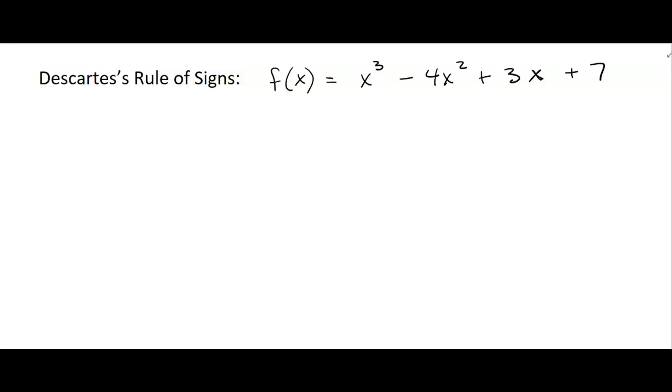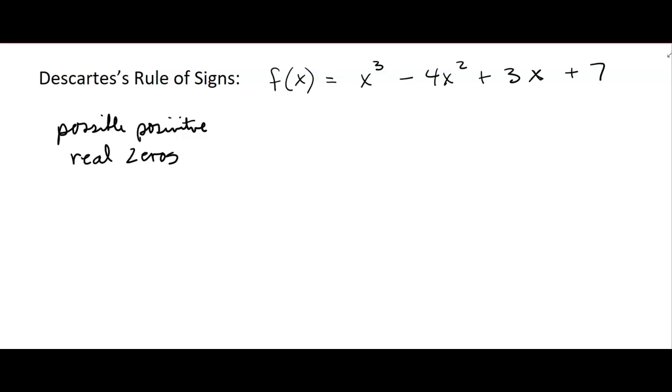Well, if you want to know how many possible positive real zeros. So not imaginary ones, but real. Doesn't say anything about rational. It's just if they're real or not. Okay, so possible positive real zeros.